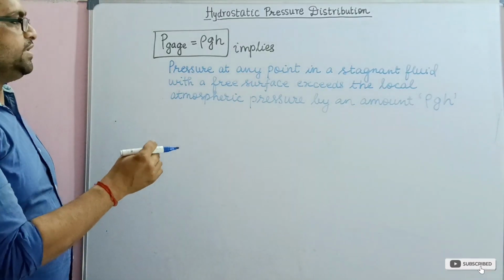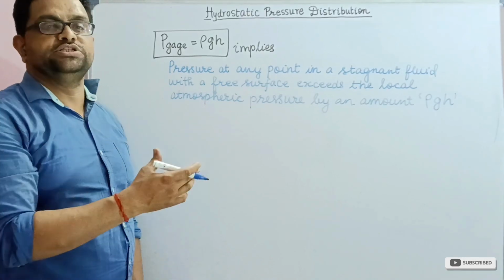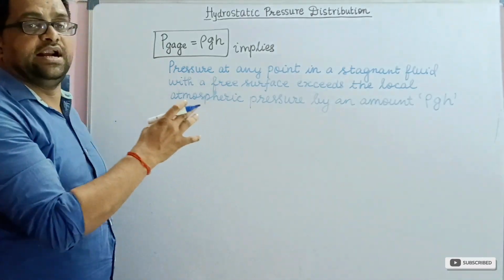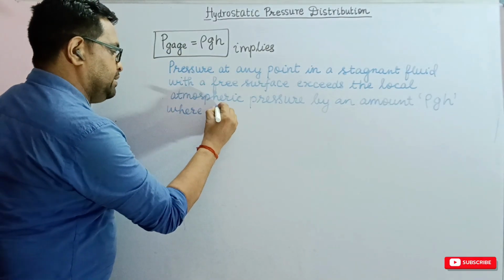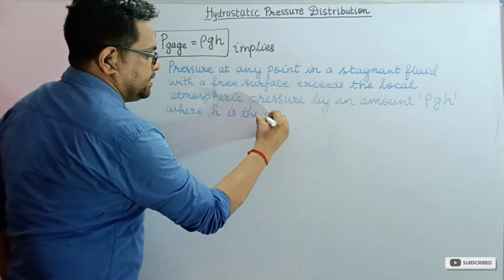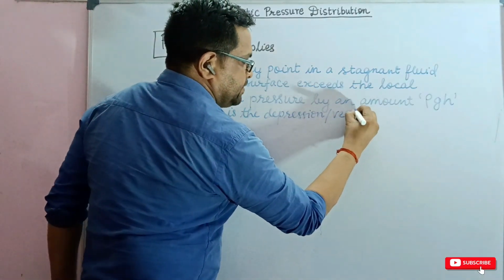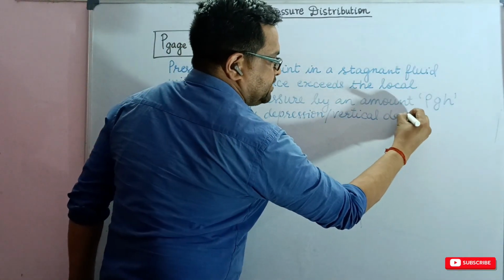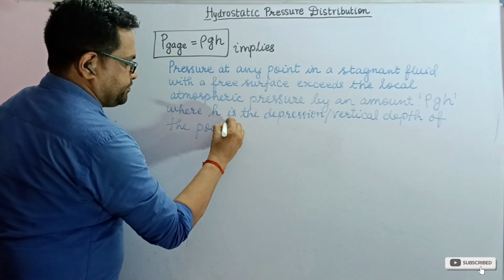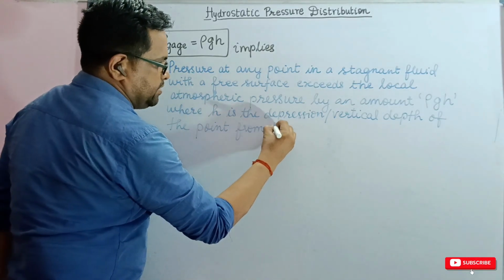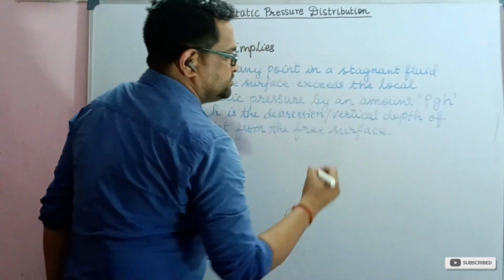So at any point in a stagnant fluid with a free surface, the pressure exceeds the local atmospheric pressure by the amount rho g h, where h is the depression or the vertical depth of the point from the free surface.